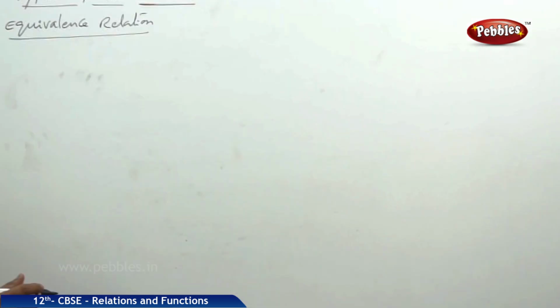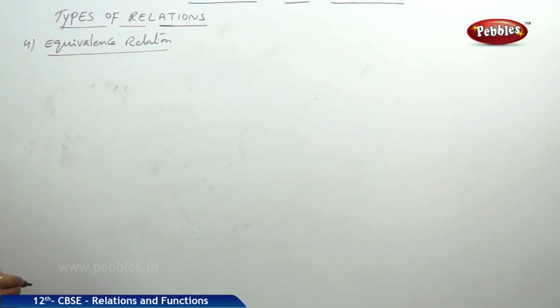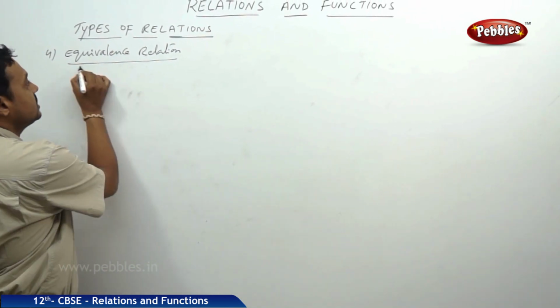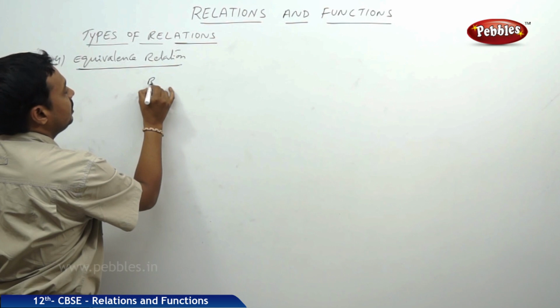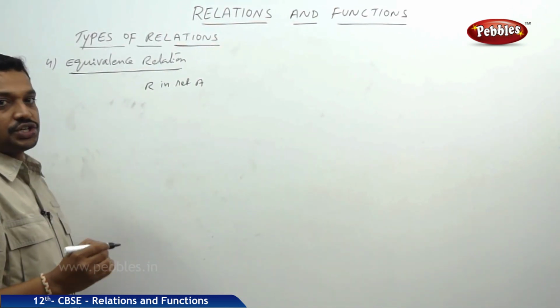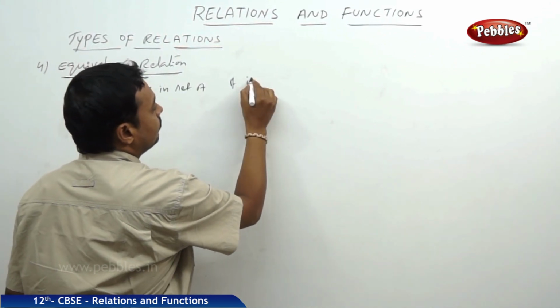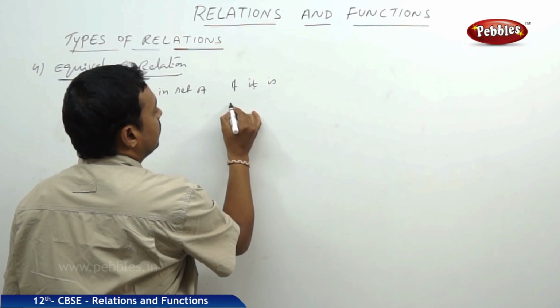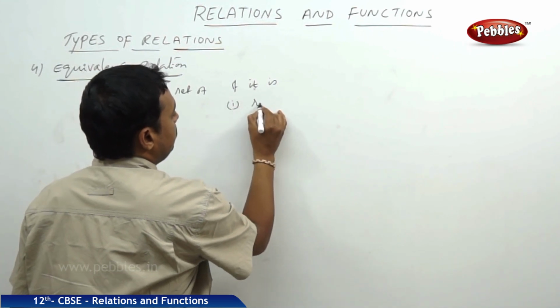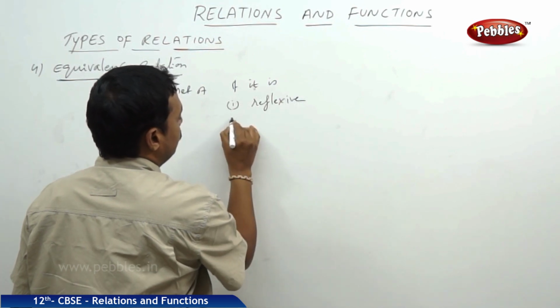Next definition. Now, another important definition, the equivalence relation. It is the fourth definition. What is the equivalence relation? A relation R in the set A is said to be an equivalence relation if it is 1. Reflexive, 2.